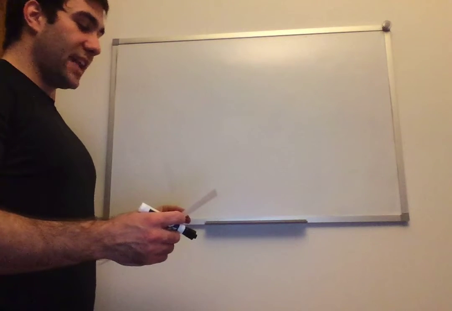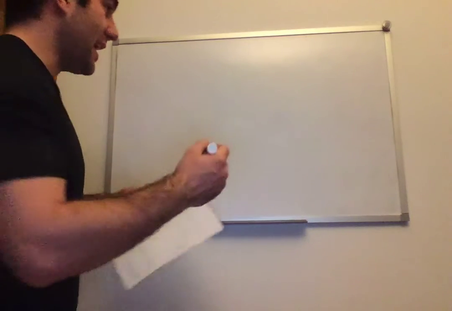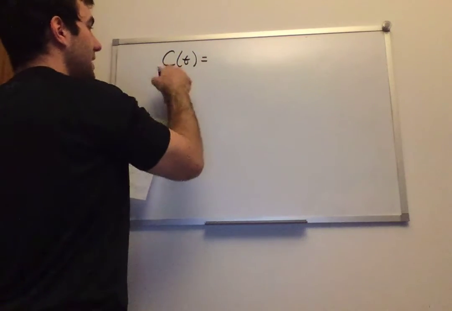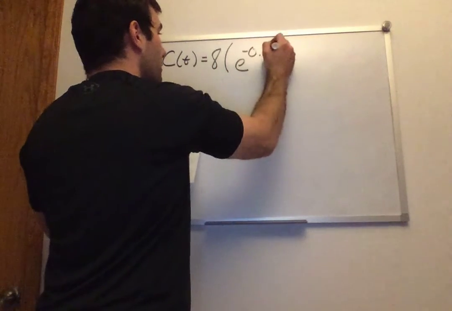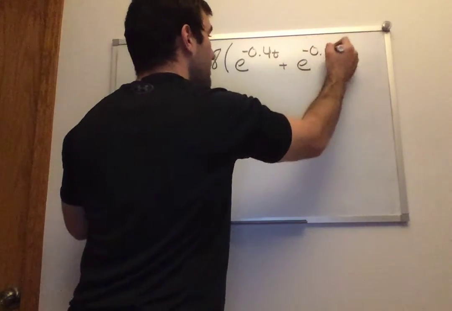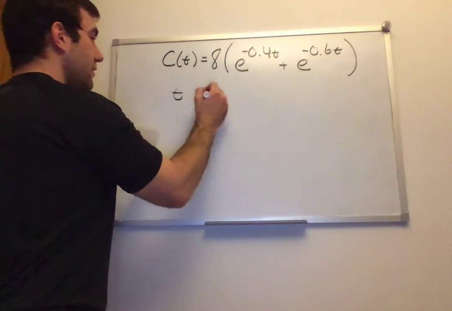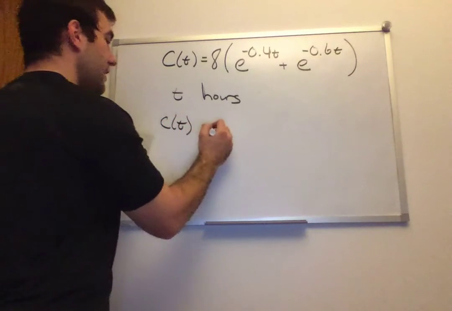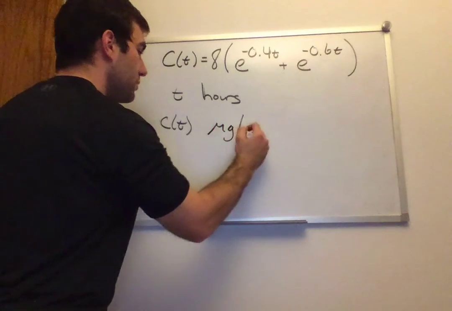It says, after an antibiotic tablet is taken, the concentration of the antibiotic in the bloodstream is modeled by the function. Here's the function. C of t is equal to 8 times (e to the negative 0.4 t plus e to the negative 0.6 t), where t is in hours and C of t is in, not milligrams, micrograms per milliliter.